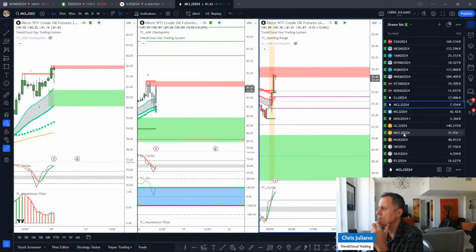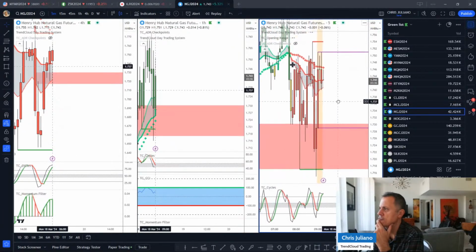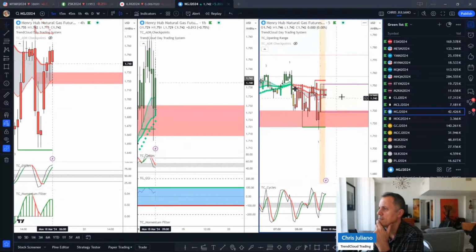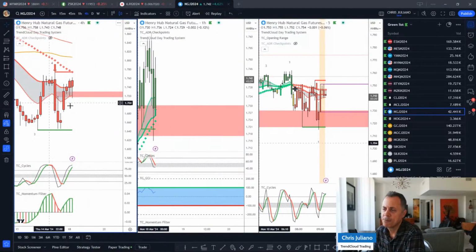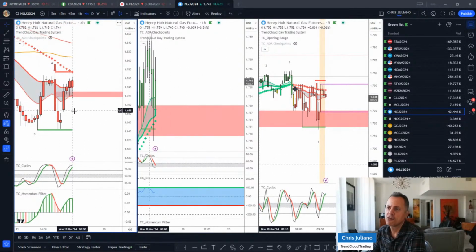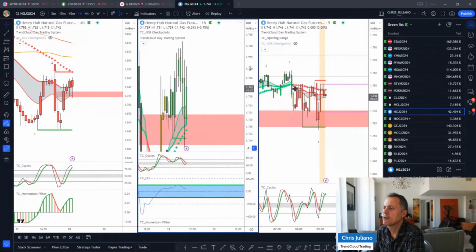Let's go over to our metals. Well, we're here on natural gas. Let's see what natural gas is doing. It formed the opening range. Natural gas on the high time frame is kind of just going sideways, right?